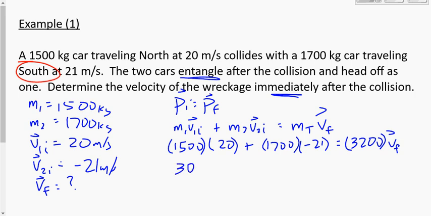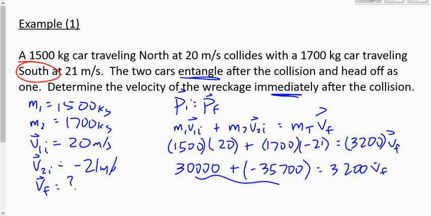This is 30,000. 1,700 times negative 21 is negative 35,700. Combine these numbers, divide by 3,200, and we get a final velocity of, somewhere I have it here.